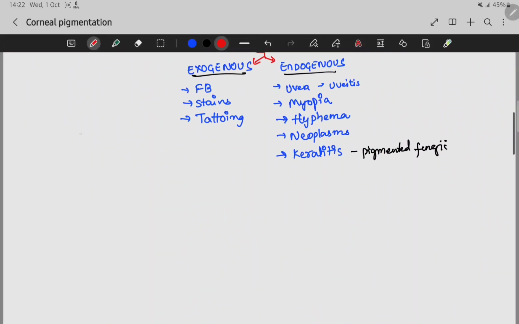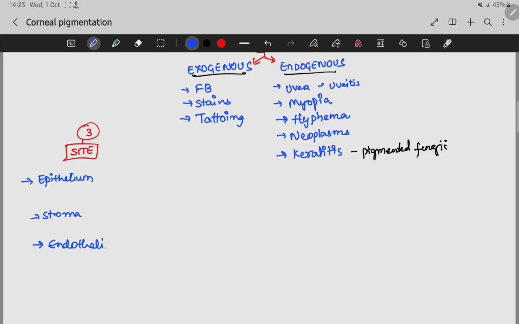We can also divide it into another classification, that is based on the site of deposition of this pigment. So if it is in the epithelium or in the stroma or the endothelium.